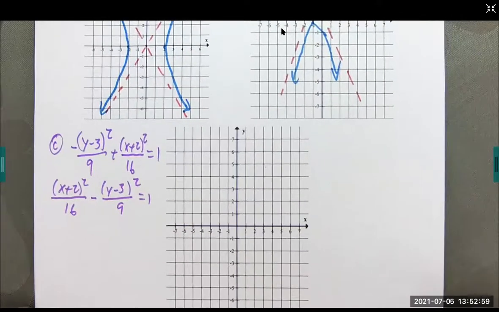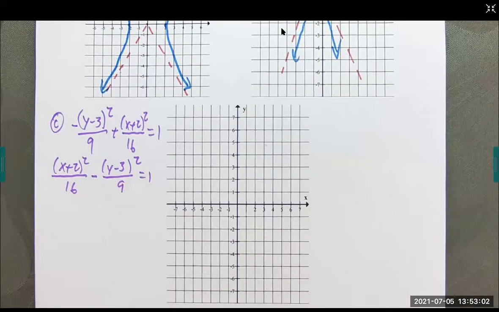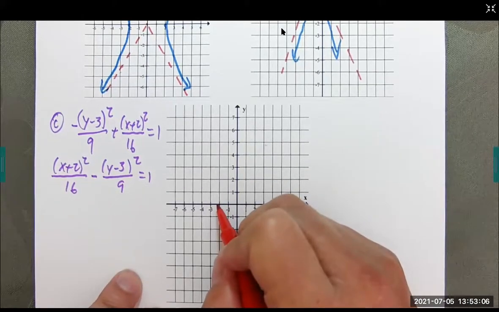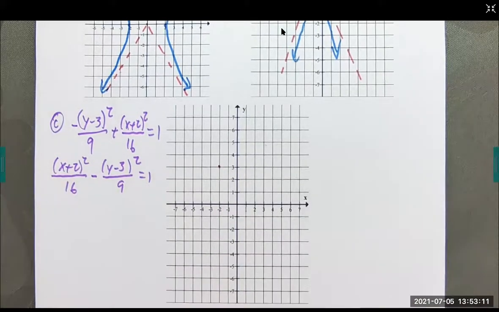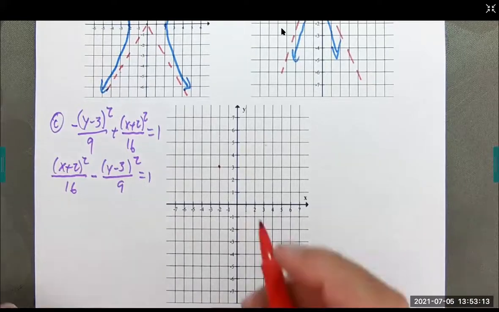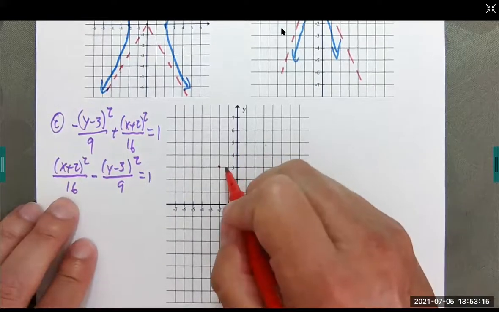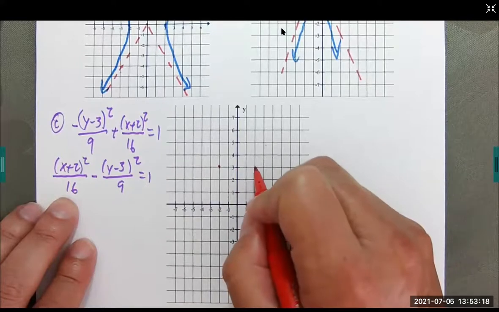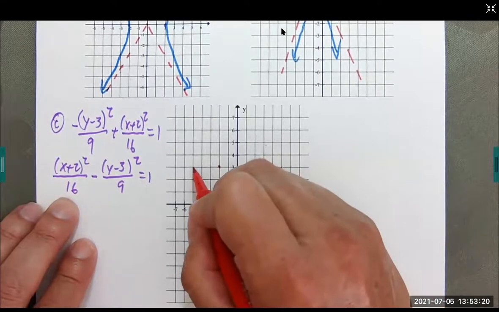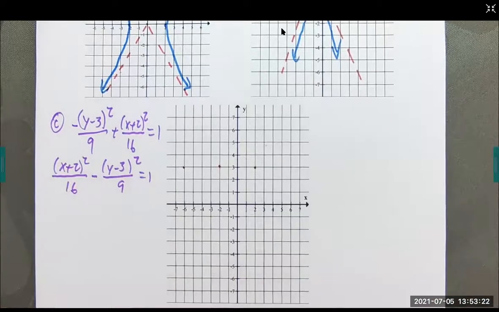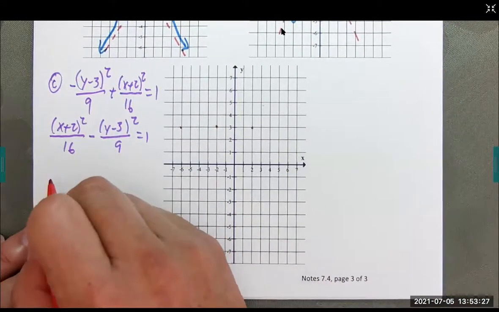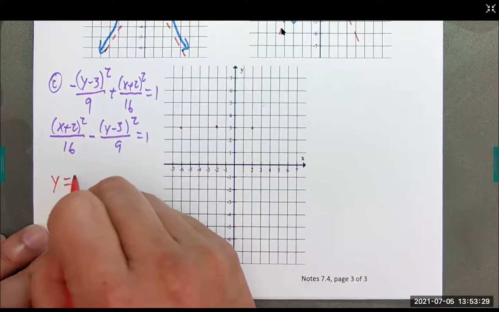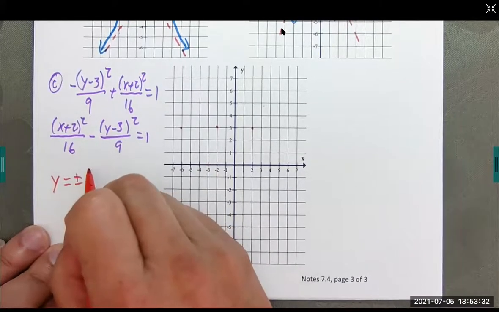All right, so here we have a center at -2, +3. And in the x direction, which again, we have a horizontal transverse, we're going to go 1, 2, 3, 4. And our equations for the asymptotes are going to be y equals plus or minus 3/4.